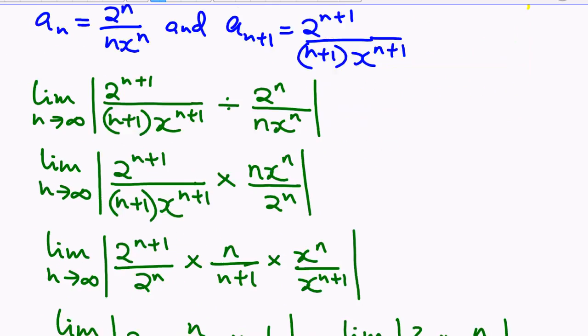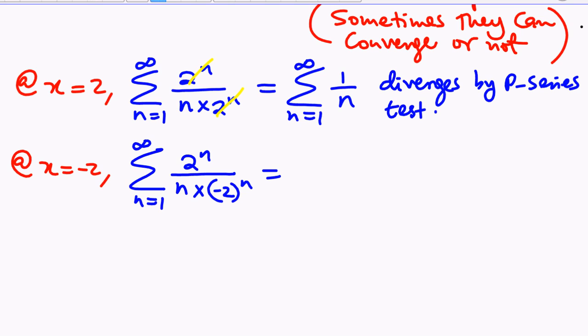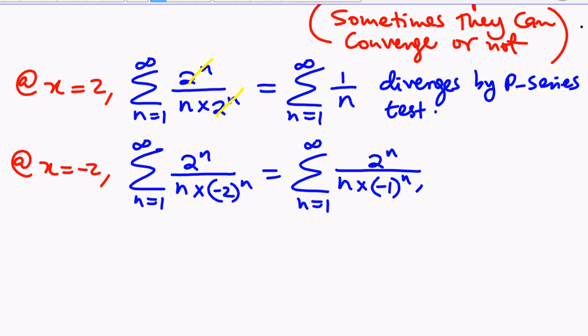So what we'll end up with is the sum from n equals 1 to infinity of, I'll break this up, 2 to the power n over n multiplied by -1 to the power n multiplied by 2 to the power n, because -1 to the power n multiplied by 2 to the power n is the same as -2 to the power n. And then this will cancel.